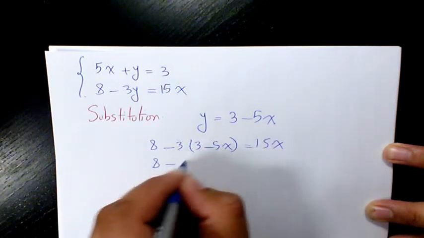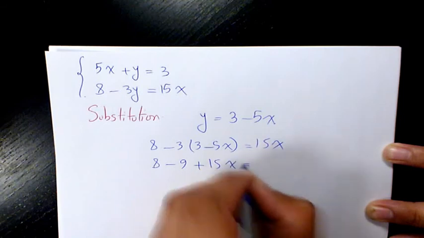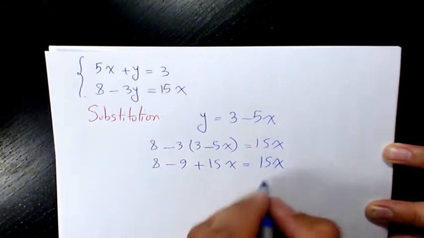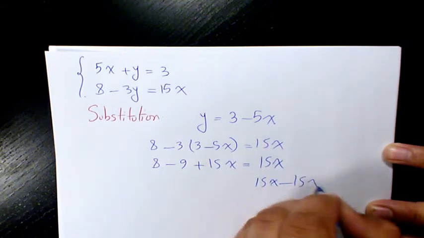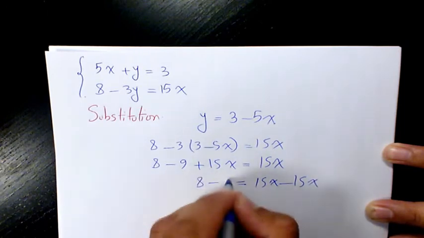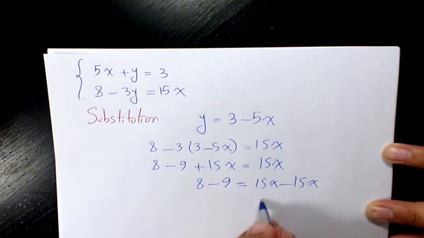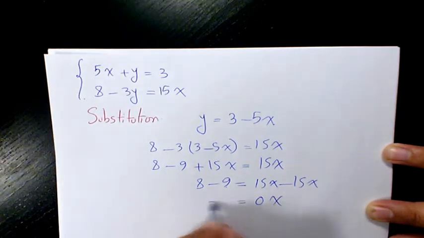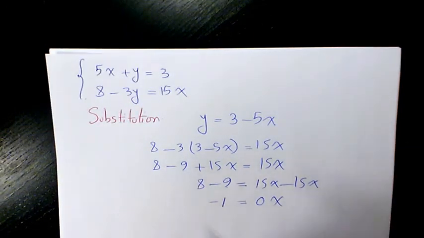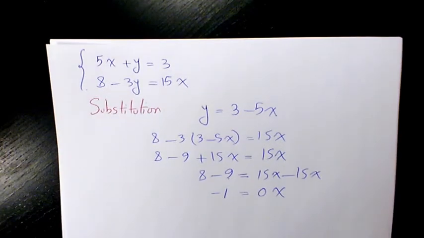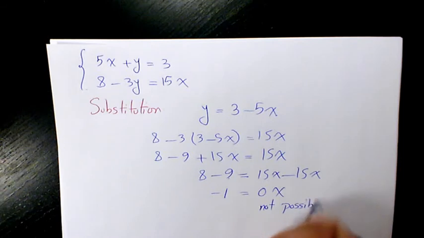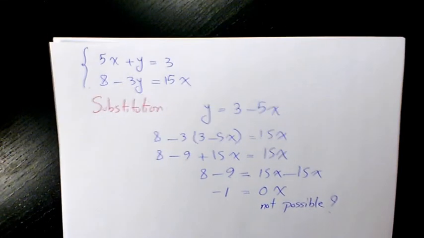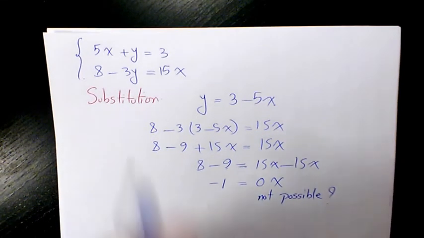So we have 8 minus 9 plus 15x equals 15x. So we have 15x minus 15x, and it's going to be 8 minus 9. So 0x equals negative 1. That's basically not possible. Why is it not possible? Because we can assume that these two lines are parallel.